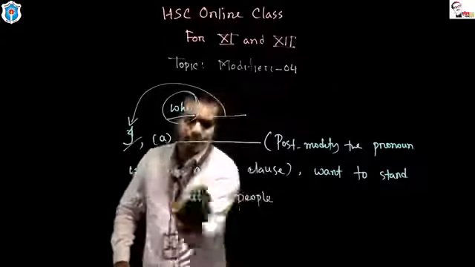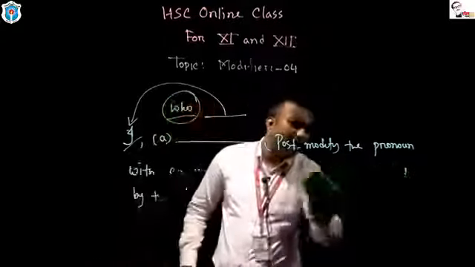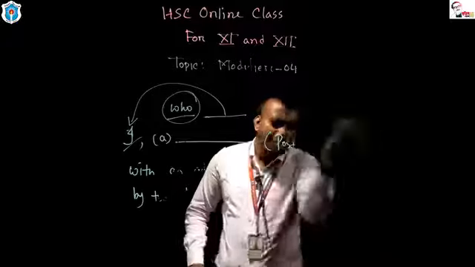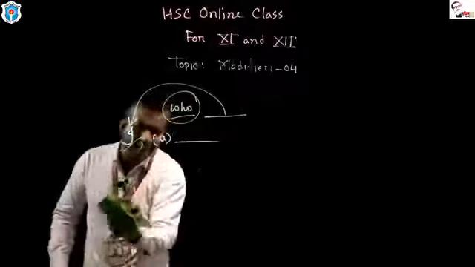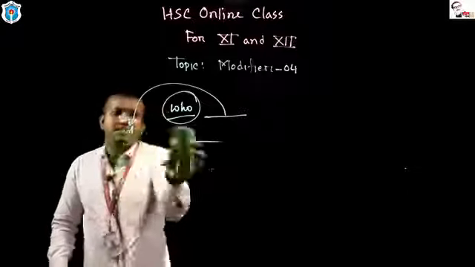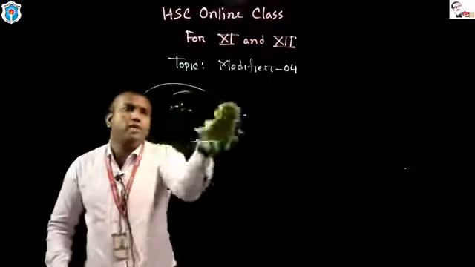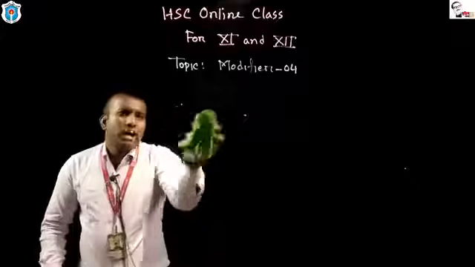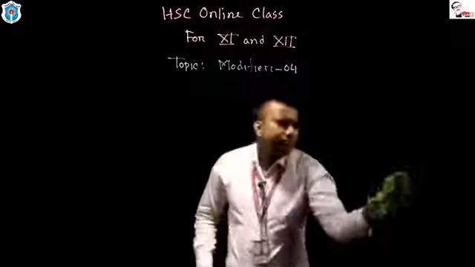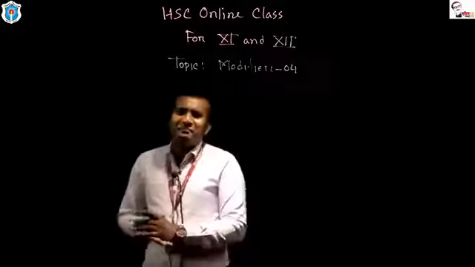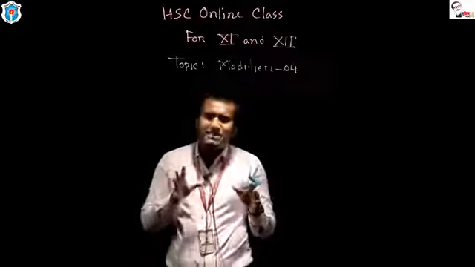Students, up to this part, we have learned the definition of modifier along with the classification and format of the question pattern. Now I want to show you the instruments that you need to learn. There are two kinds of modifier, pre-modifiers and post-modifiers.